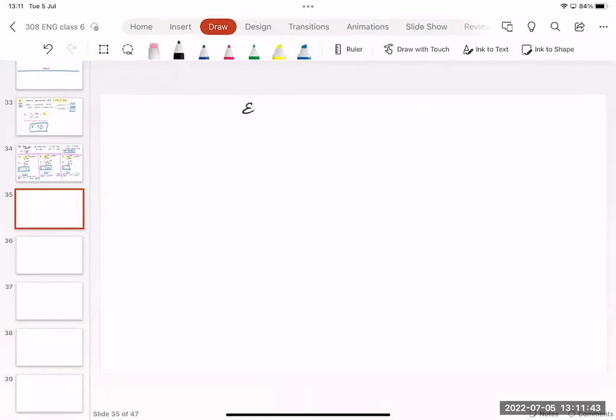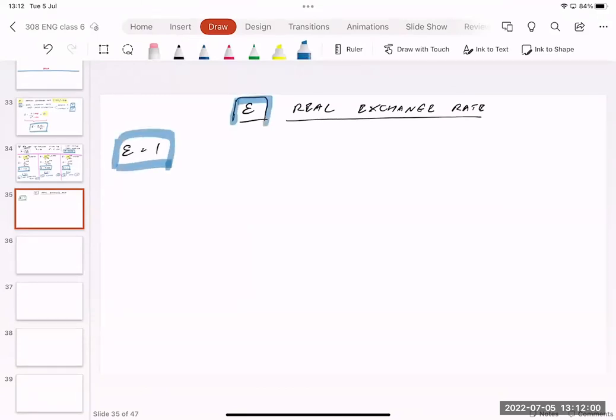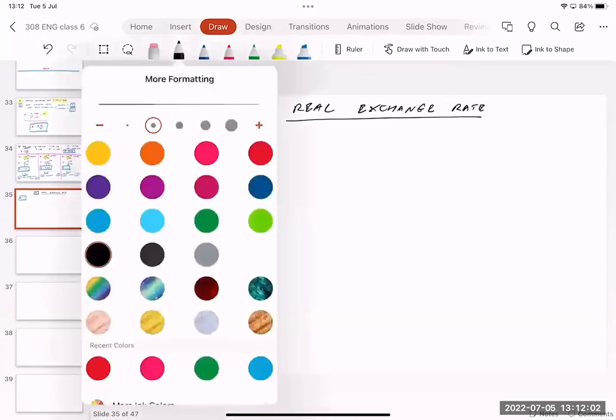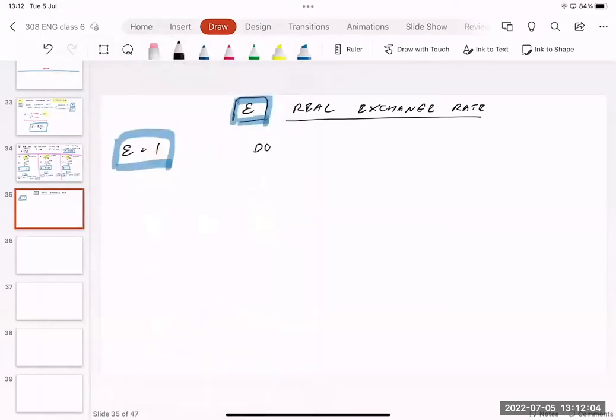Epsilon, this guy, is the real exchange rate. If epsilon equals 1, what does it mean? It means that the domestic price, the price in our country, equals the foreign price, the price of the other country.